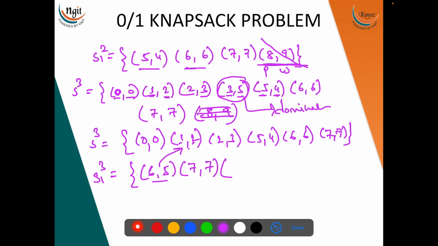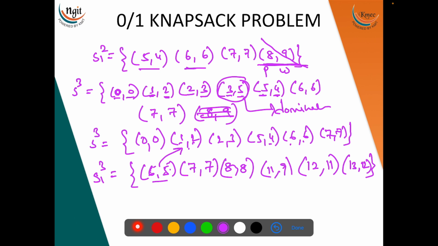The same, 6 plus 2 is 8, 5 plus 3 is 8, 6 plus 5 is 11, 5 plus 4 is 9, 6 plus 6 is 12, 5 plus 6 is 11, and 6 plus 7 is 13, 12. So these are the values we will get for the set, correct?